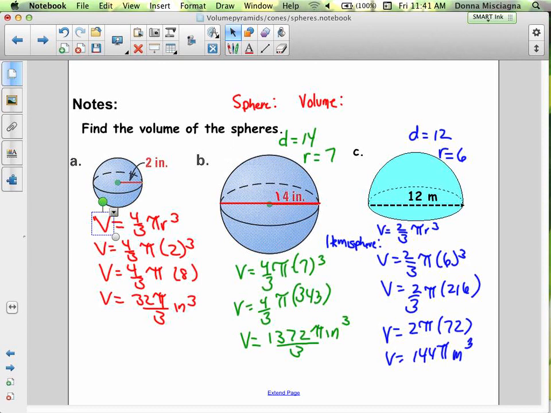All right, so we found the volume of the two spheres and the hemisphere. And then we're going to look at a little diagram that just shows you all the different parts.